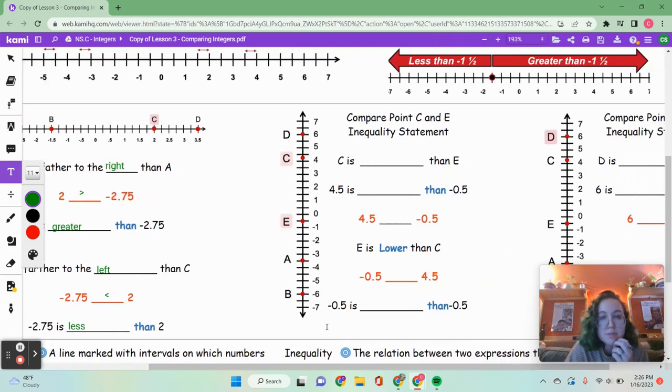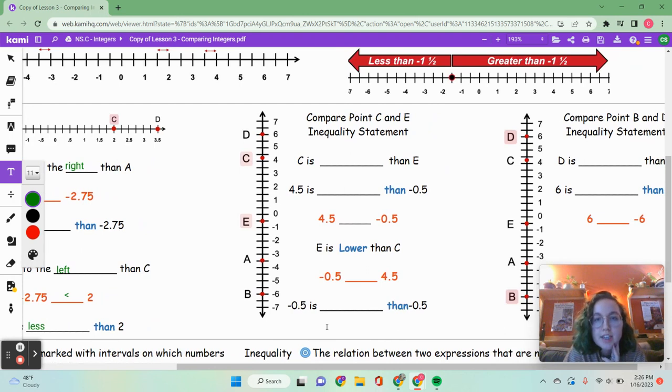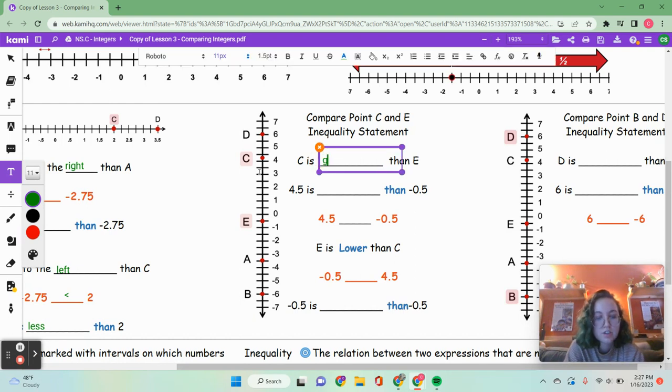So let's put this into practice one more time with a vertical number line. Now, if I'm trying to compare point C and E, C up here is higher on the number line than E is, right? So C is greater. And I can also know that because the numbers are getting positive over here, right? And as we go down, the numbers are getting more negative.